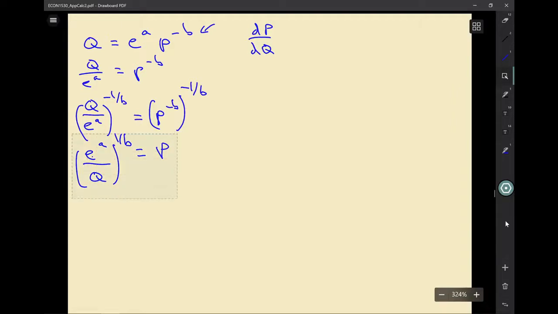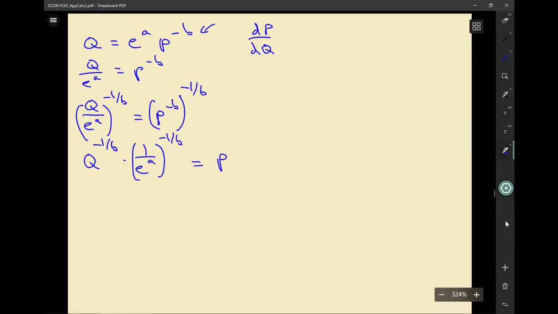I'm going to take this away. Let's get rid of that. And let's focus on what we have over here in terms of the left-hand side. If I bring in the negative 1 over b, I can rewrite this as q^(-1/b) times, well, super awkward, but let's go with it, (1/e^a)^(-1/b) is equal to p.